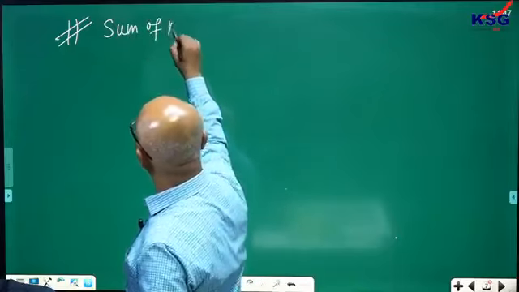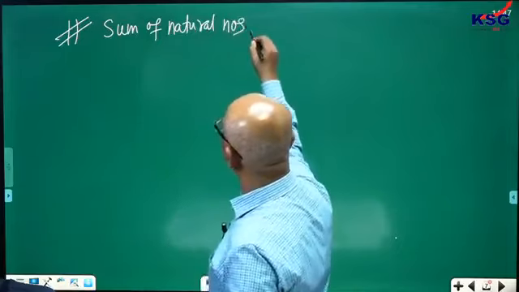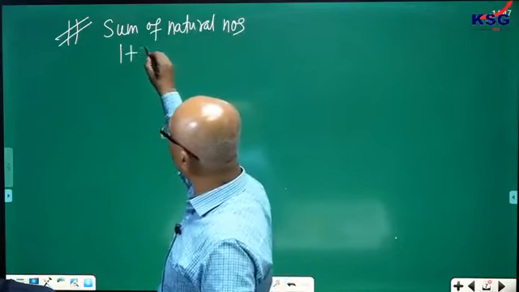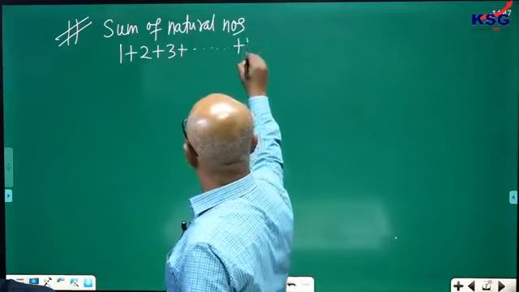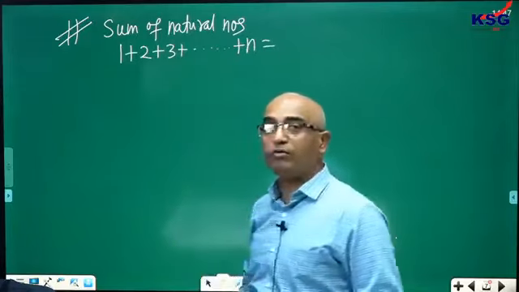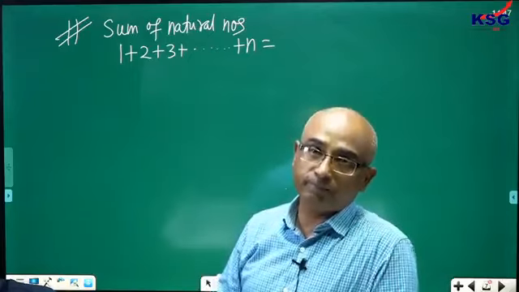Sum of natural numbers. Sum of natural numbers is written like this: 1 plus 2 plus 3 ... n. So this series you need to read as the sum of n natural numbers.